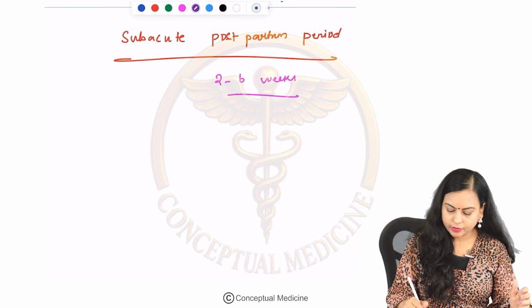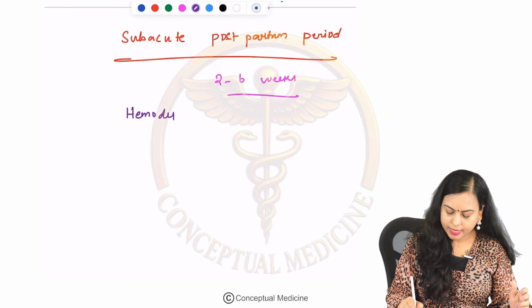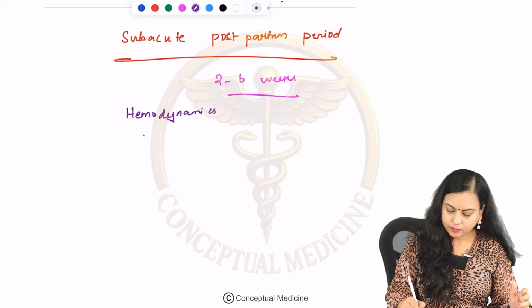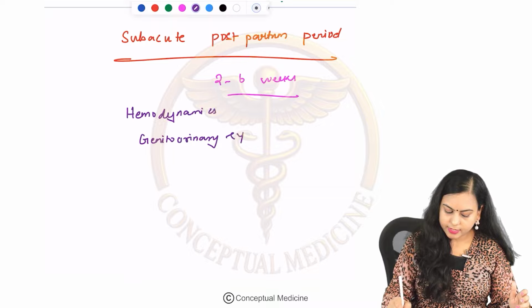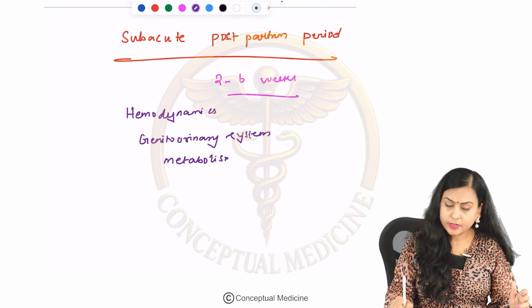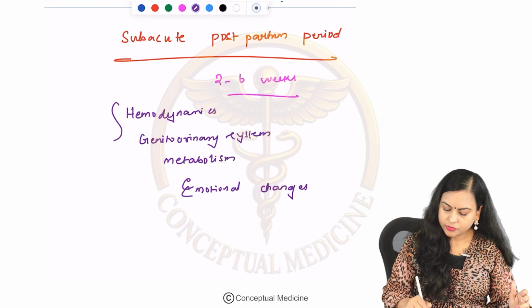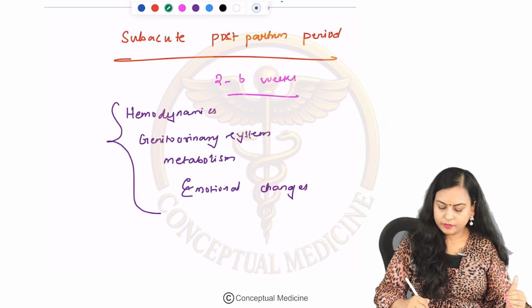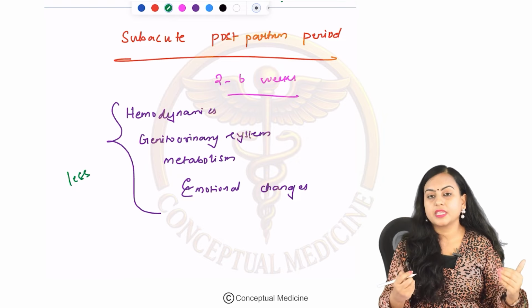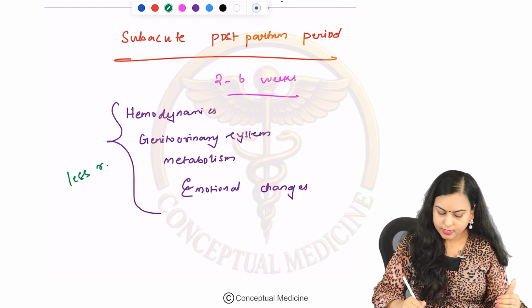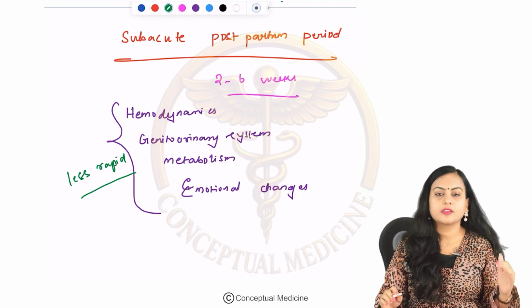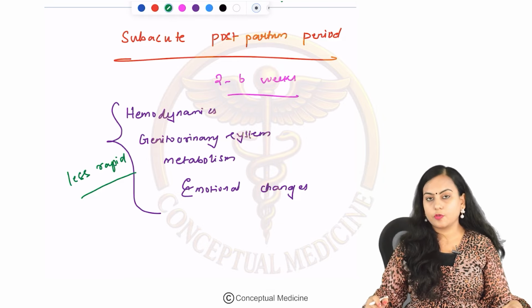That will include changes in the hemodynamics, genitourinary system, metabolism, and even emotional changes. But these changes are less rapid when compared to the changes that happened in the acute phase.